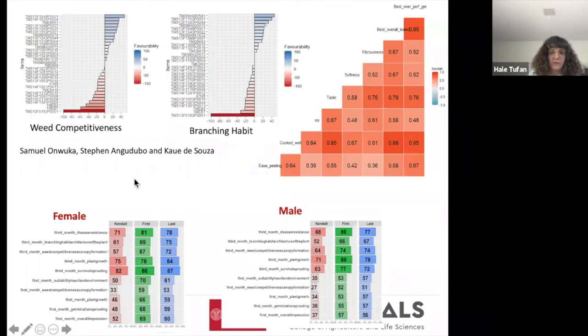So we have to work with Jacob and his team to tease out some of these effects. But what Kawe has done is actually look and see, at least, disaggregate by sex. And what we're seeing, which is interesting methodologically, is that women are more consistent: the varieties that they rank for individual traits at 1 and 3 months match their overall rankings for those same varieties. So they're more consistent in ranking the varieties.